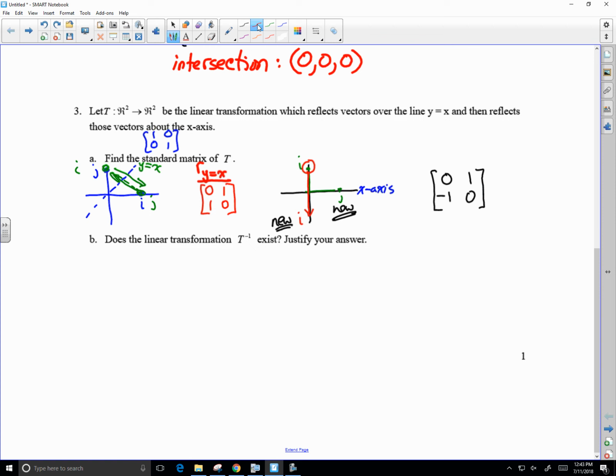Does the linear transformation T inverse, the inverse of T, exist? So what I want to know is what is the determinant of 0, -1, 1, 0? Or again, you could just write it as this with the absolute value brackets. Either way, it's not bad, right?